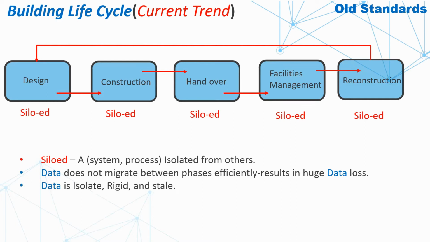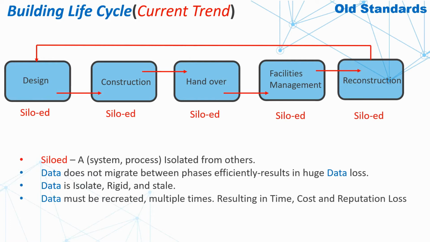Data is isolated, rigid, and stale. And that's not something you want to work with, especially coming from a facilities management point of view, or even a reconstruction side. And then finally, data must be recreated multiple times, resulting in a time, cost, and reputation loss. But we are still adamant to adhere to this standard.